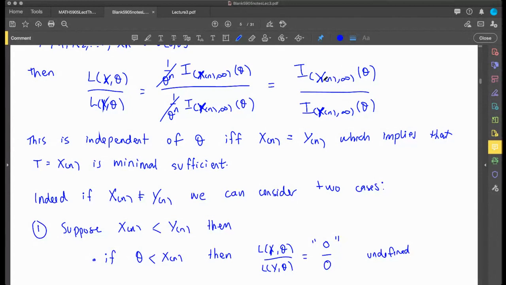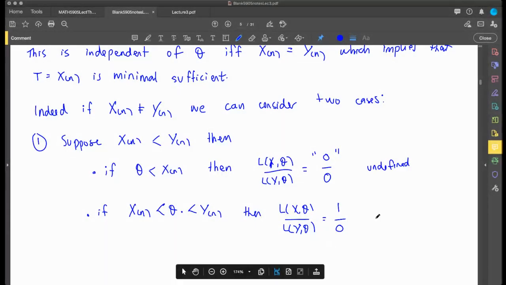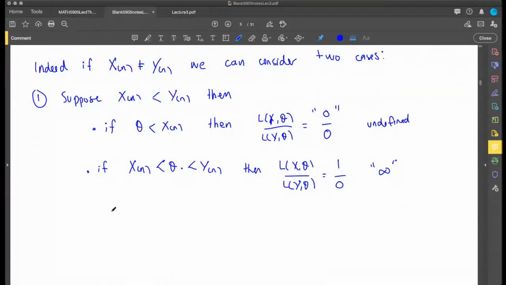That becomes 1, because now theta is bigger than xn. But theta is less than yn, so the denominator does not trigger, and so that's still 0. And so this takes the value, well, generically speaking, infinity. 1 over 0, abusing a lot of notation, is essentially infinity.